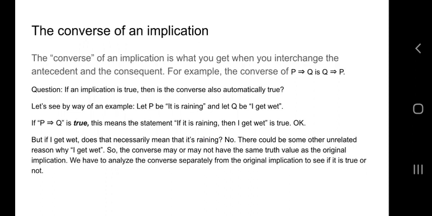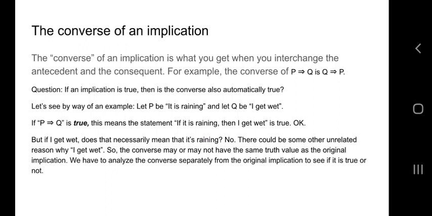But if I get wet, does that necessarily mean that it's raining? Well, no, there could be some other unrelated reason why I get wet. Maybe it's the shower, maybe it's at some water park. So the converse may or may not have the same truth value as the original implication. So we have to analyze the converse separately from the original implication to see if it's true or not.